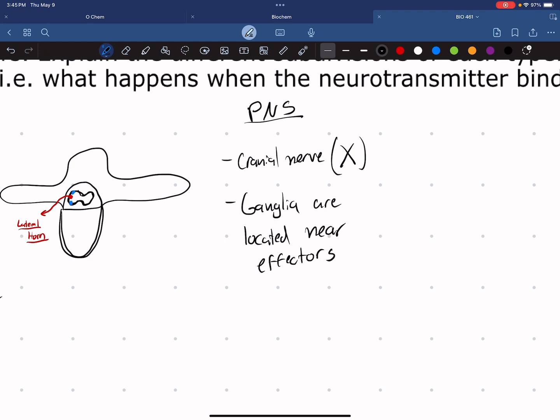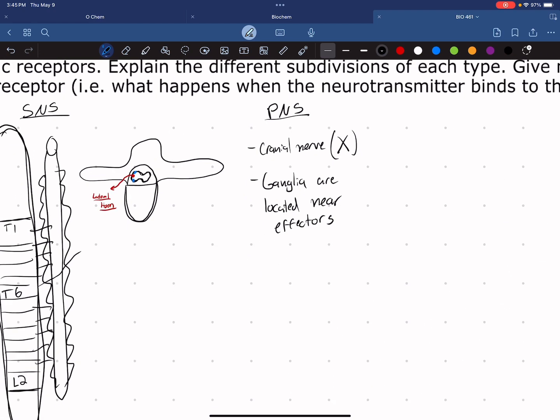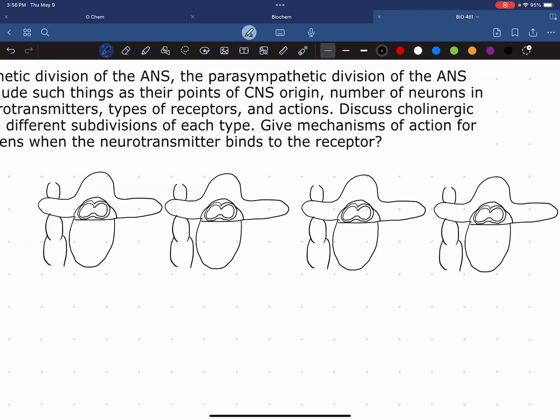So if there are nerves going from the cranial nerve to, let's say, the intestines, for example, or the stomach or something like that, the ganglia for those nerves, where those nerves will travel, will be near each one of those effectors. And because there are so many, I won't draw them all out. There are just a lot of different places where the parasympathetic nerves can go, and the ganglia are located near those effectors.